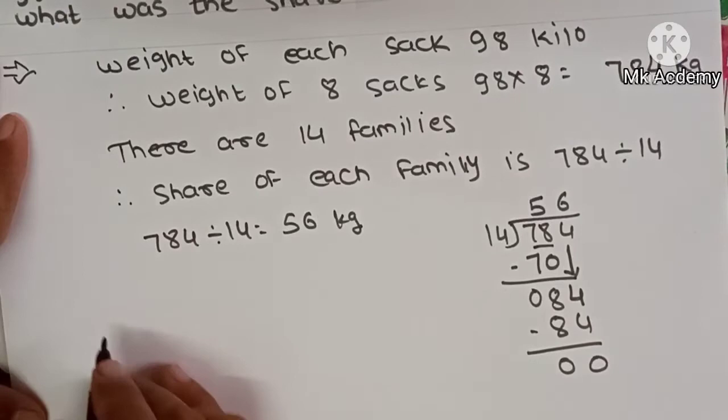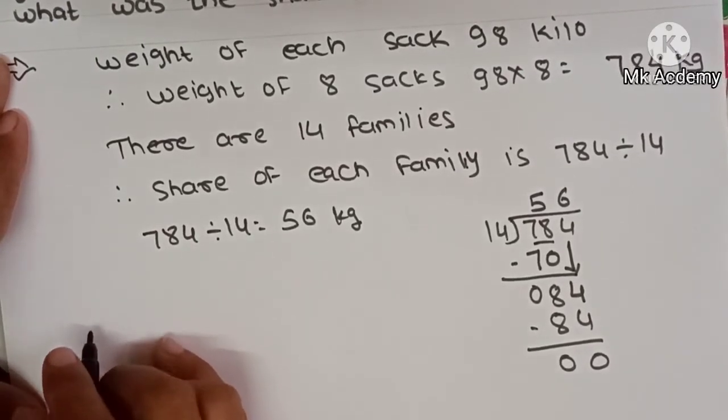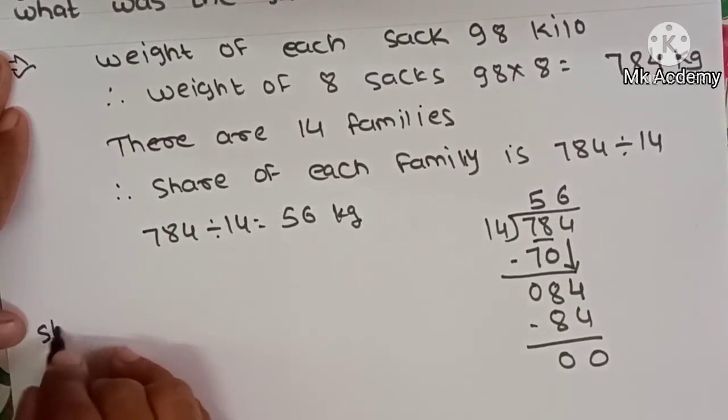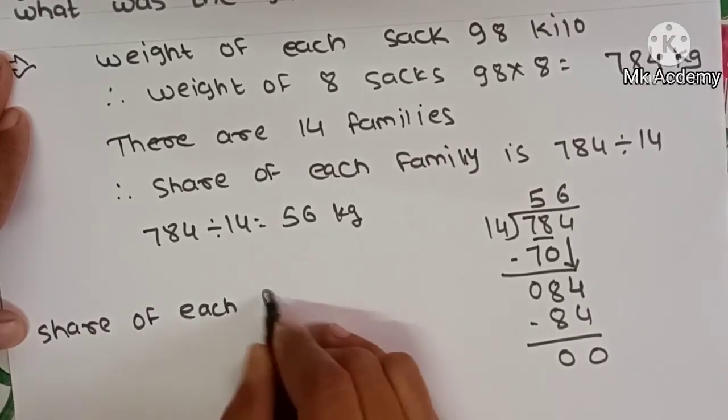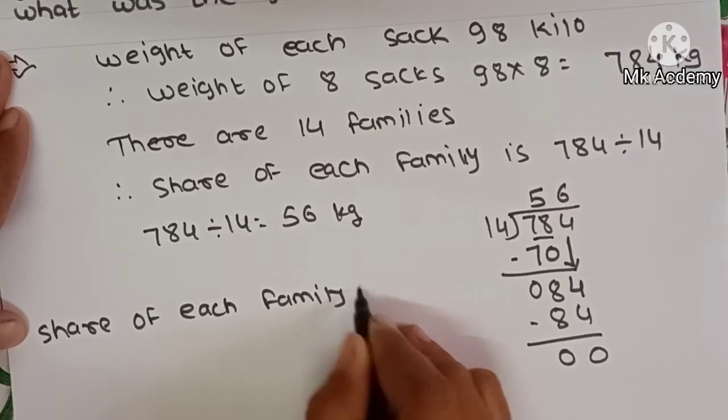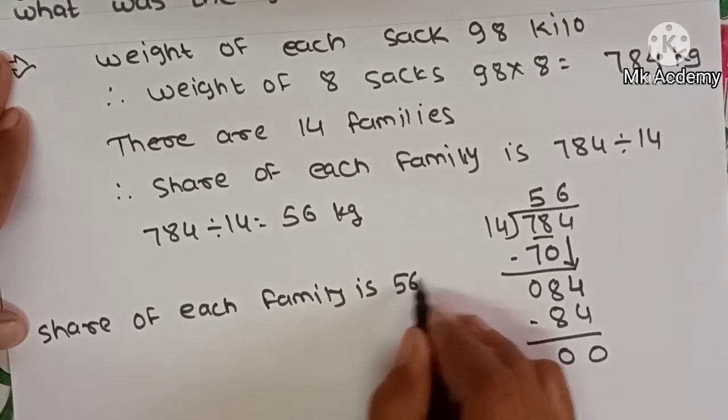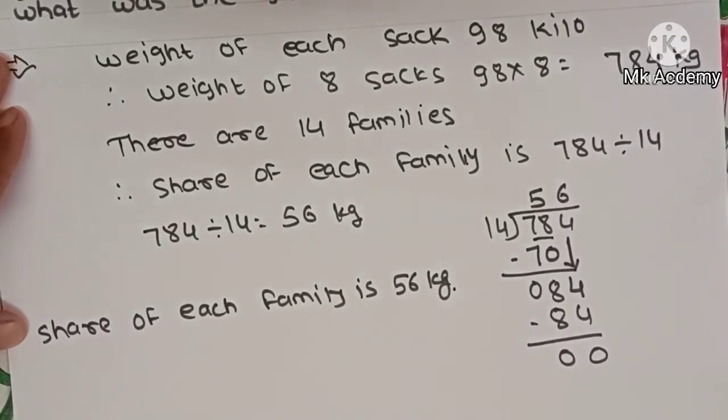Or we can write down here, the share of each family is 56 kg. Now example number 6.